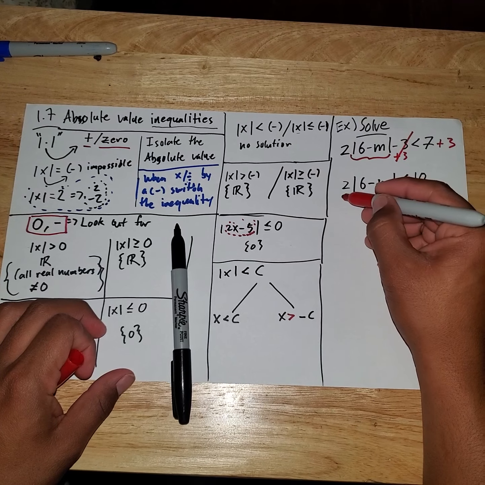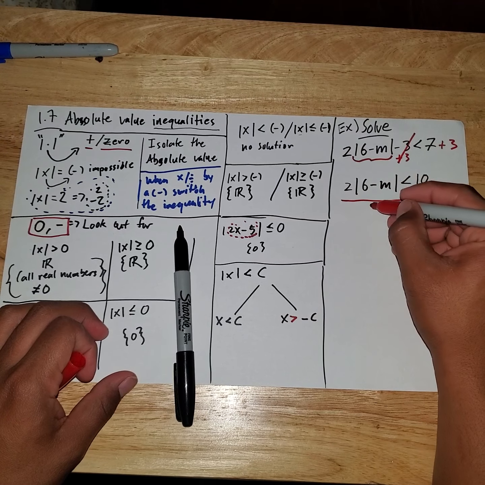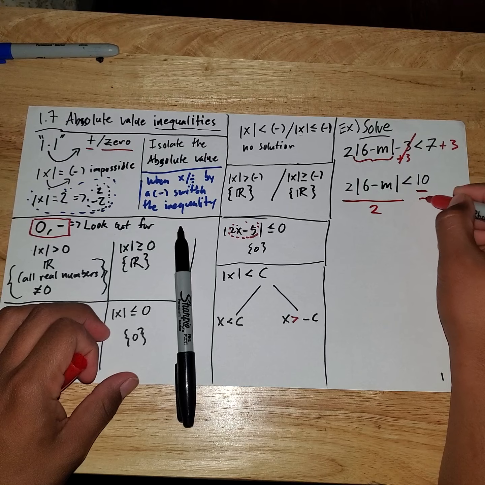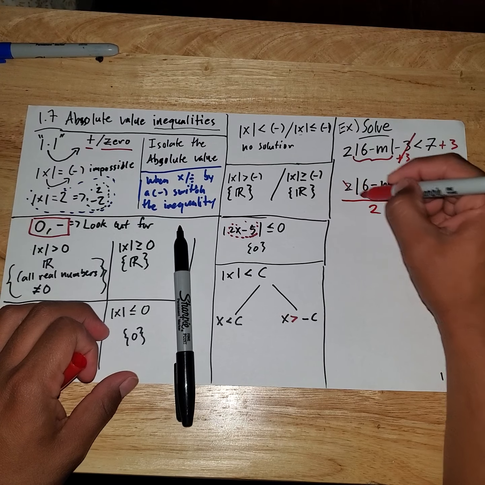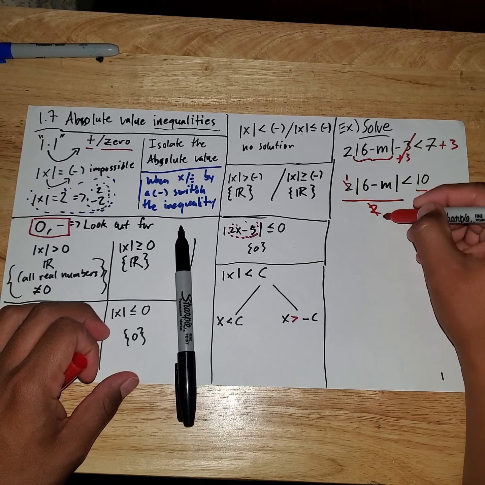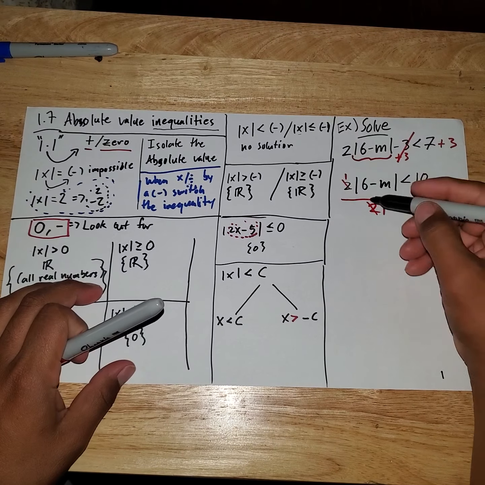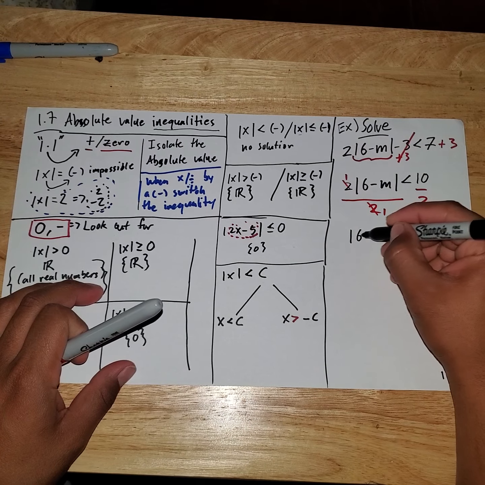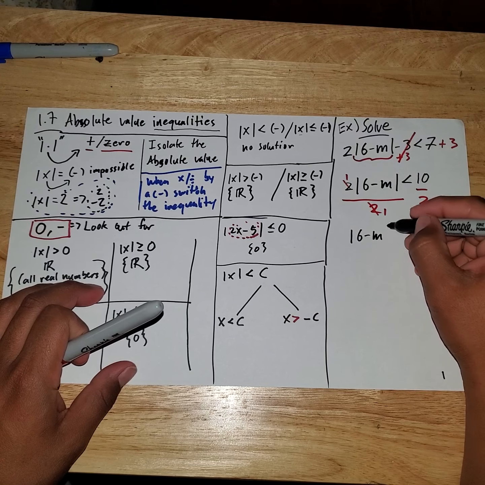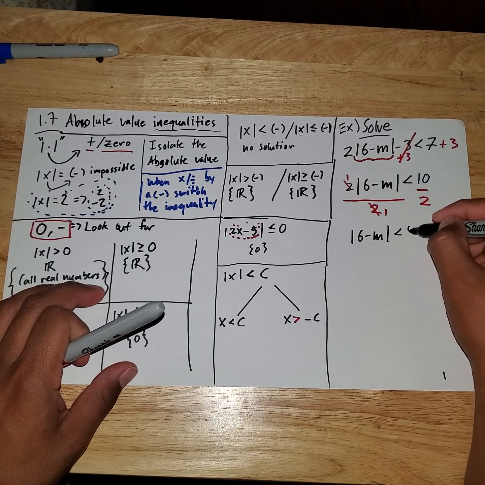I want it to be completely positive and no numbers in front. So now I divide by 2. This isn't canceling here. These are just simplifying to 1. Which now I'm left with absolute value of 6 minus m less than 5.